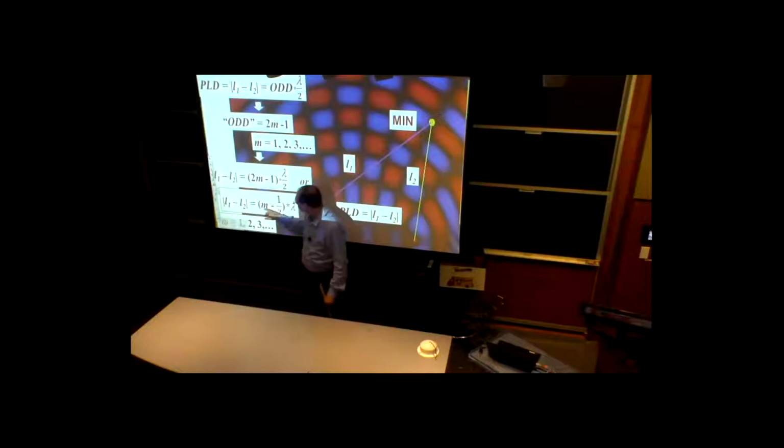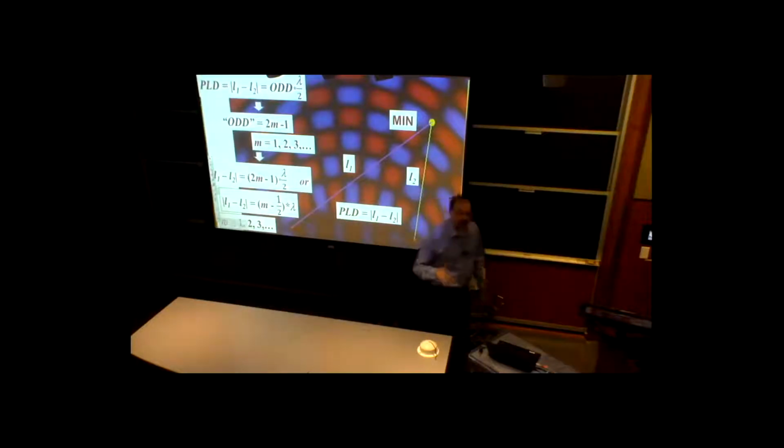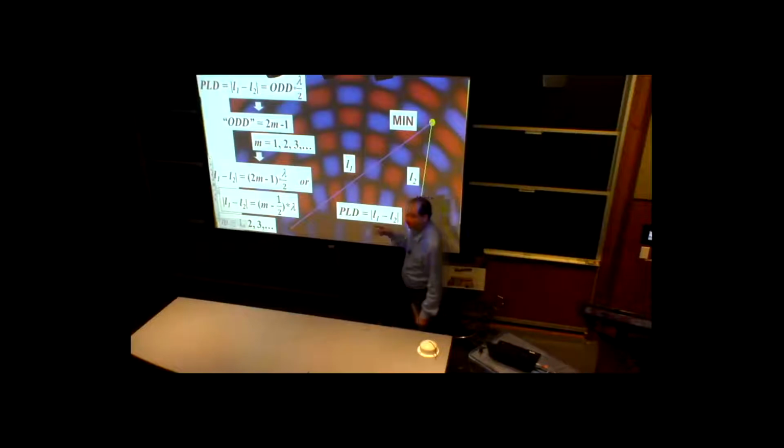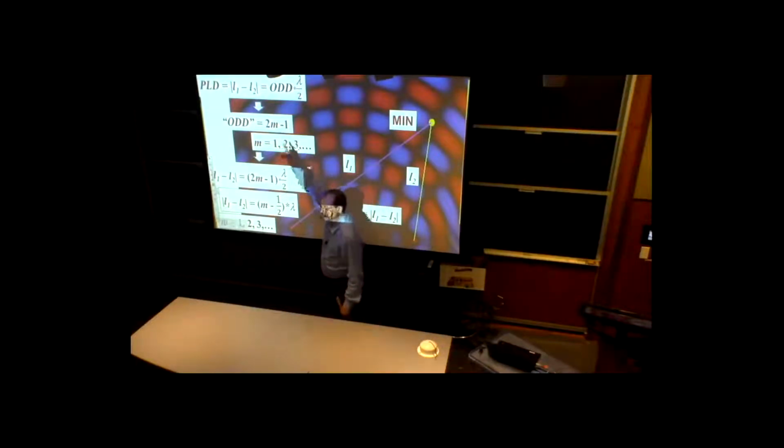2 divided by 2, 1 divided by 2, and that's what we call a mathematical condition for a minimum of intensity. And this is a physical representation. This is the mathematical representation of the same fact, no intensity happening there. This is more convenient because m lets us count those minima.